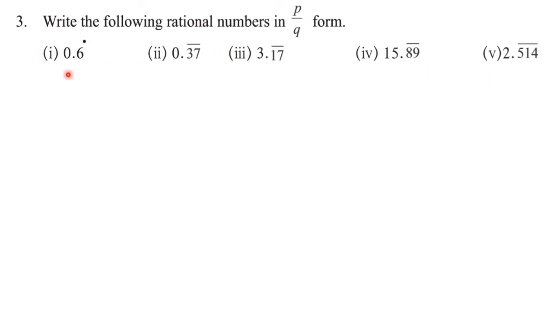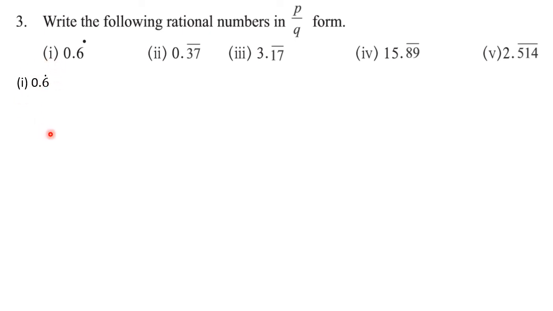So let us see the first one here, 0.6 recurring. So only one digit is recurring. That means here we need to multiply by 10. That we have seen under the heading, remember this. So we have to consider this as x.